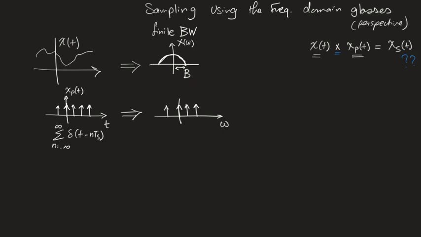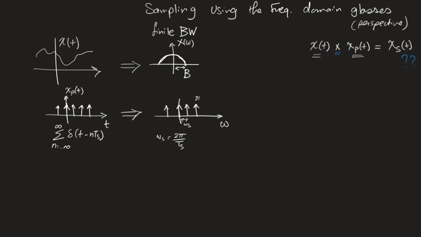Those trains of deltas are spaced by omega s, where omega s is equal to 2 pi over the sampling time Ts. They don't have a magnitude equal to 1, they all have equal magnitudes, and the magnitude of each one of them is 2 pi over Ts, which can be written as omega s if you want.